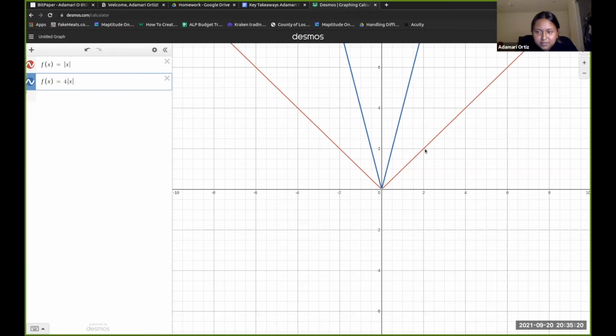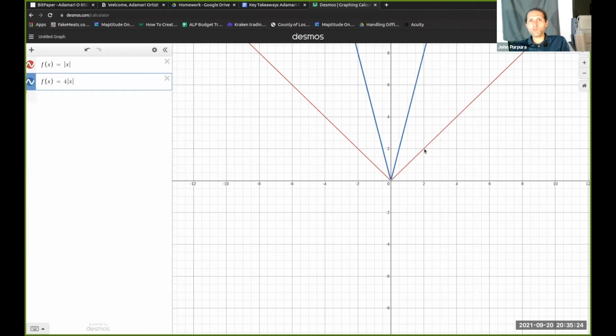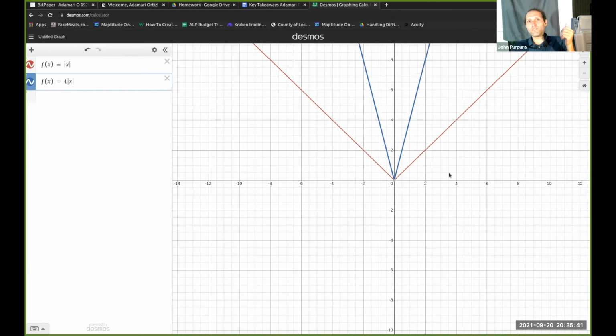So what you're going to see on the graph is that if the value here was 2, the value here is now 8 for f(x). And you can pick any value, and the new value would be 4 times as large.